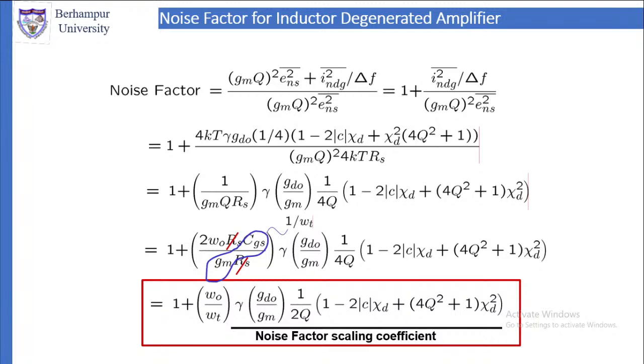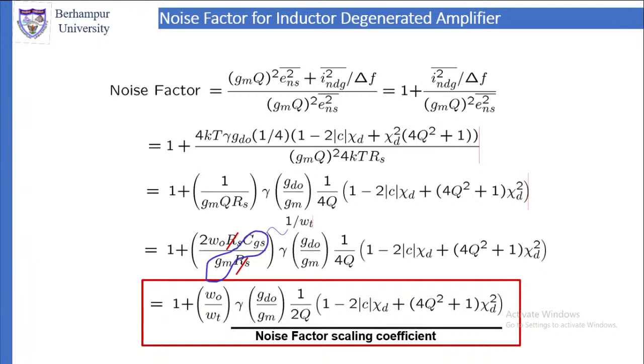This is just rearranging the terms. So this is 1 plus 1 by gm QRS into gamma gd0 by gm into 1 by 4Q into (1 minus 2 absolute c ZD plus ZD squared into 4Q squared plus 1) into ZD squared.